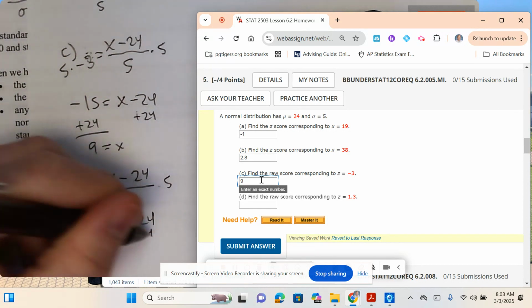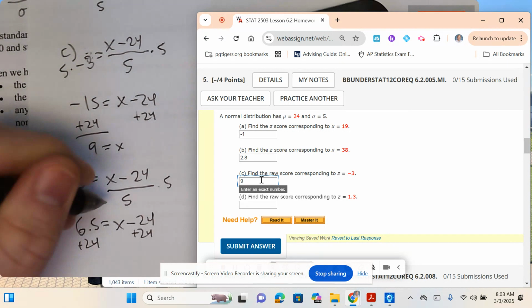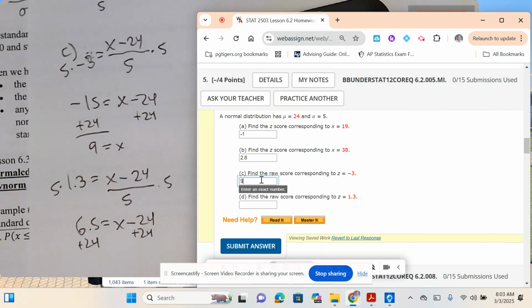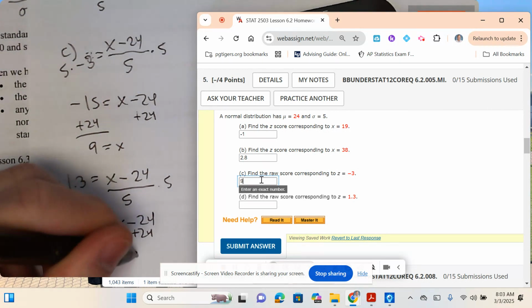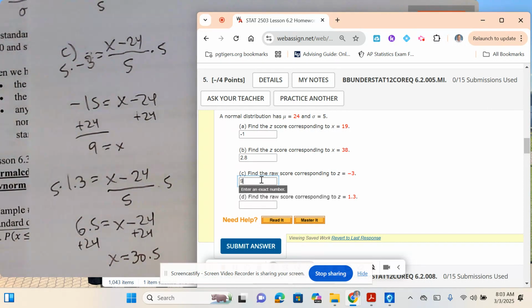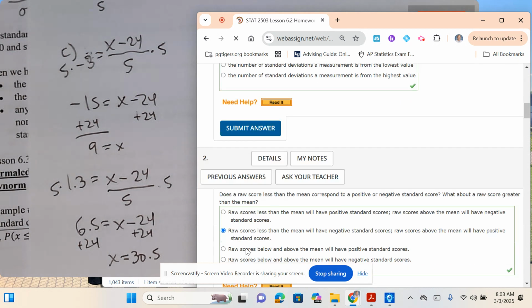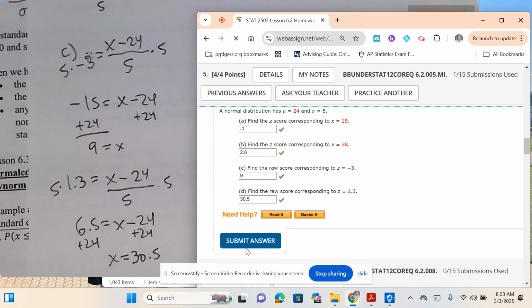Add 24 to both sides: 30.5. You could use Desmos if you want as well. So that is a simple use of calculating the z-score, solving for a specified value. That's a basic concept there.